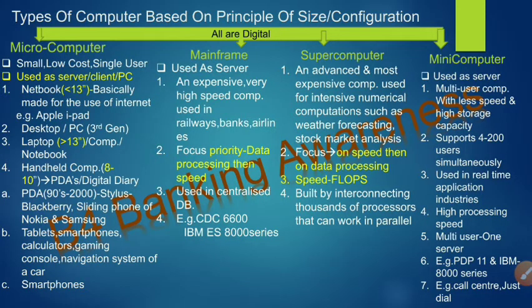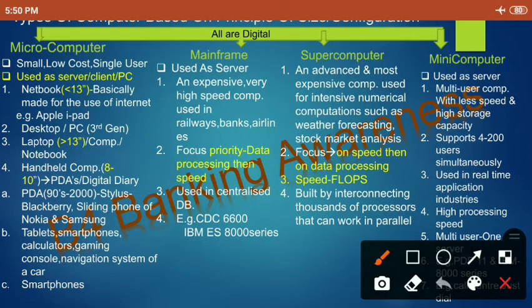Here I have made a chart for the types of computers based on the principle of size and configuration. There are mainly four types based on size and configuration of computers, and all these computers are digital computers.